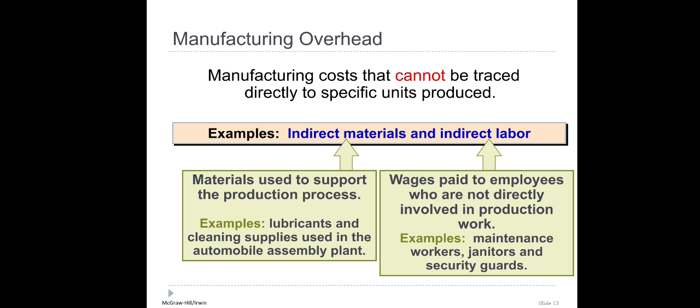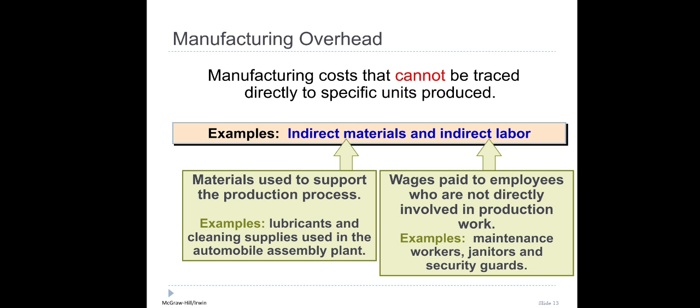Okay, so remember, manufacturing overhead costs are costs that cannot be traced directly to a specific product. For example, here the example is a business. This business produces cars. So manufacturing overhead costs are costs that cannot be seen directly when you see the car.